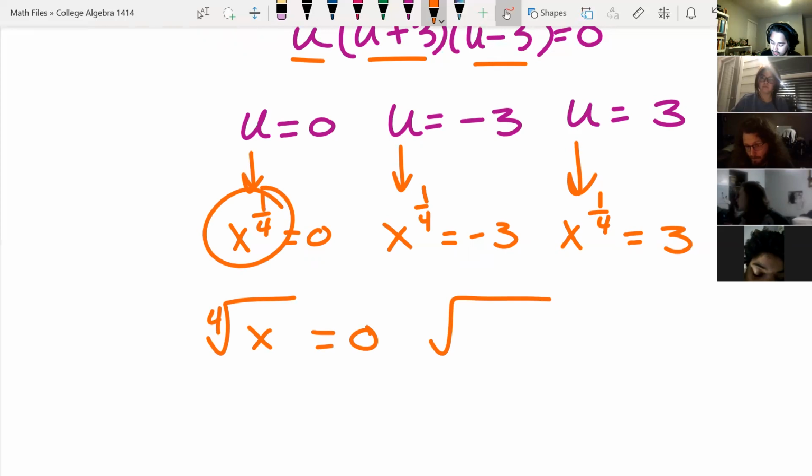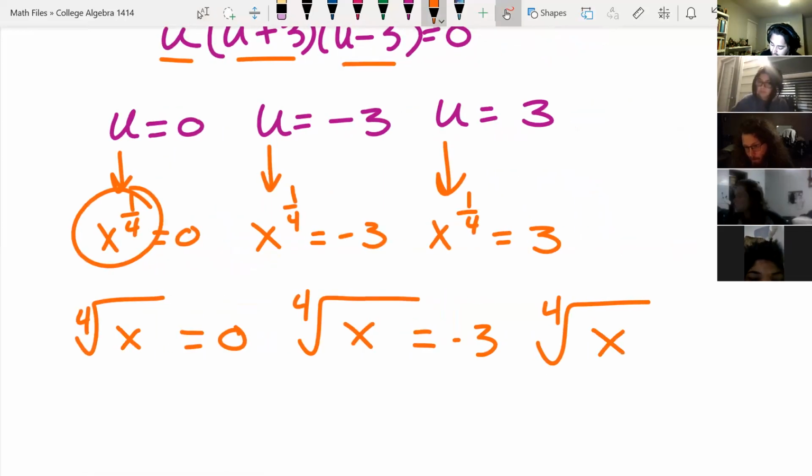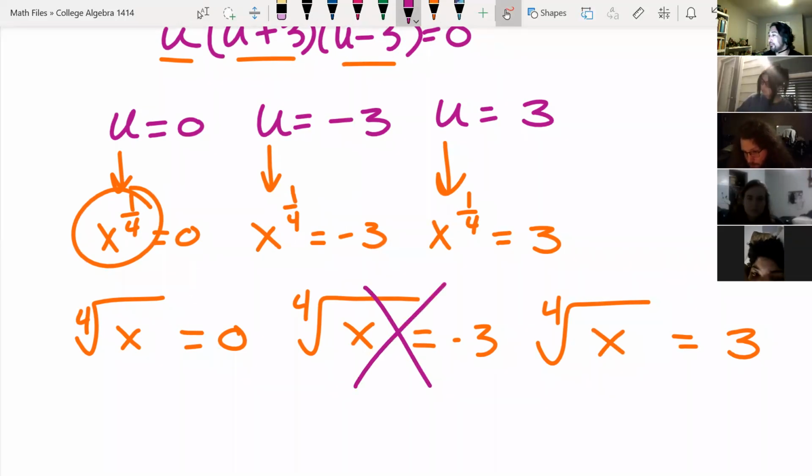So I guess let's just do rewrites on all of these. Before I raise everything to the fourth power, which one am I going to ignore? The negative, because once again, this is a fourth root. This is an even root. Should anything negative come out of an even root? No. So that's gone.